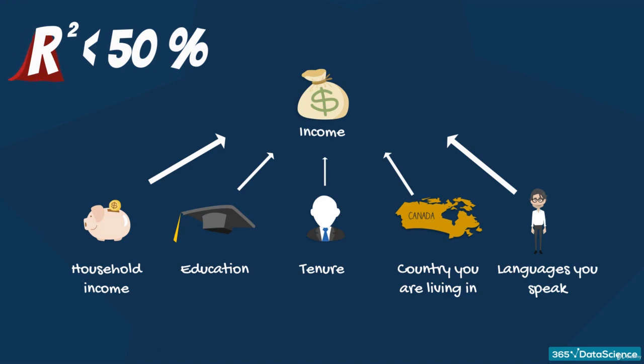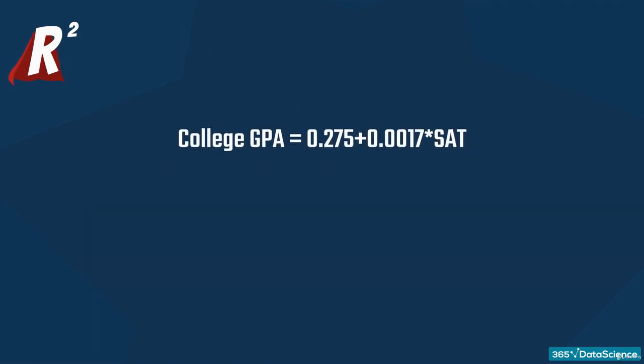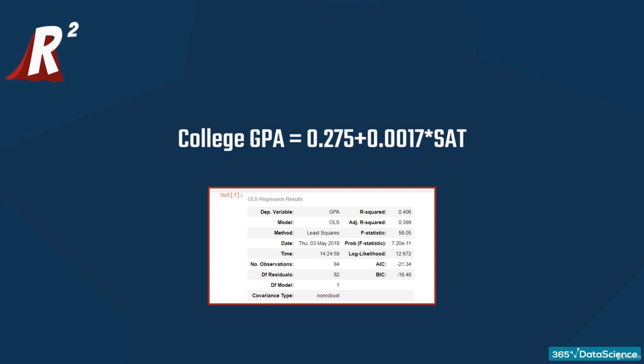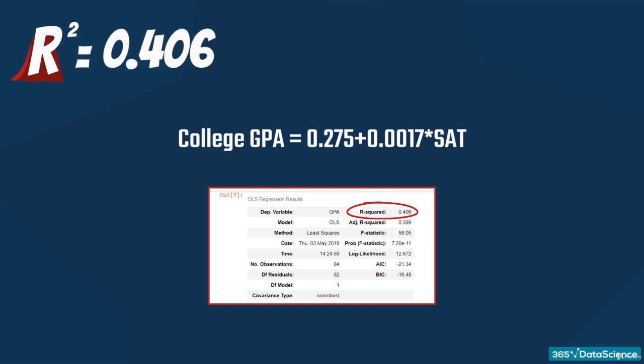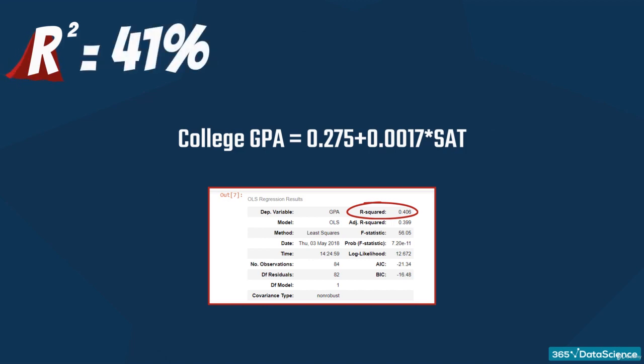Let's check out our SAT GPA example. We said the SAT score is one of the better determinants of intellectual capacity and capability. The truth is that our regression had an R-squared of 0.406, or in other words, SAT scores explain 41% of the variability of the college grades for our sample.